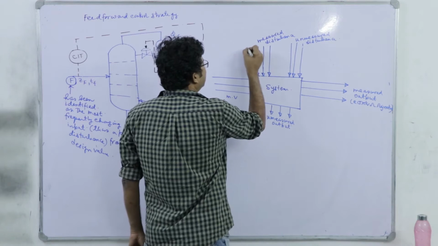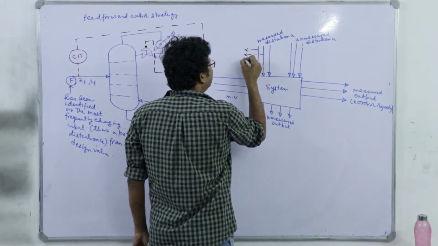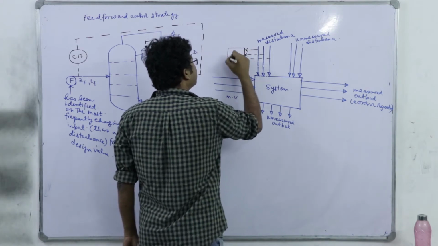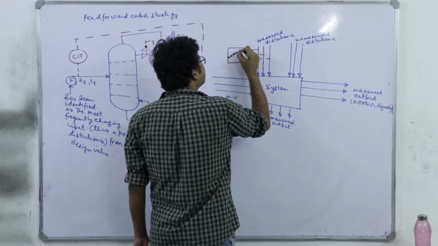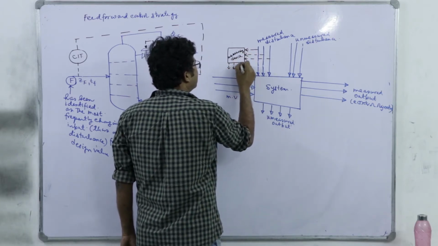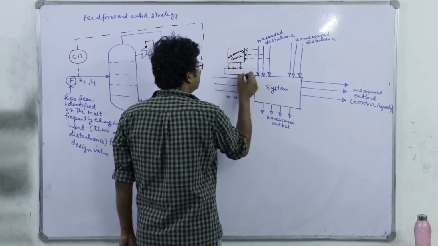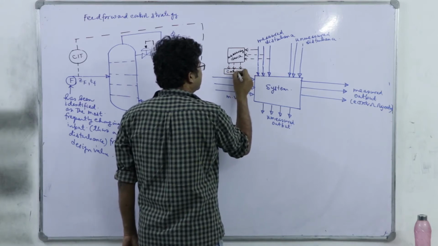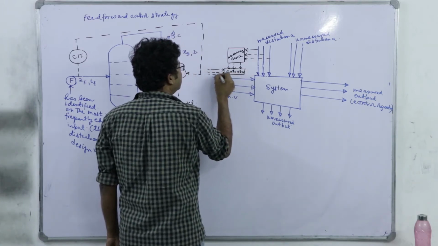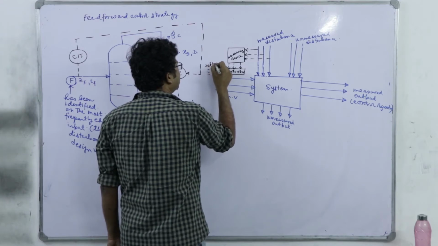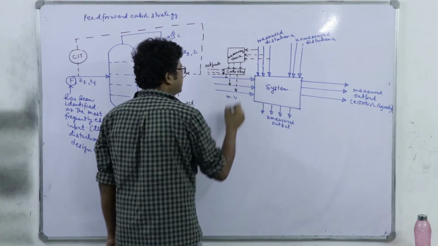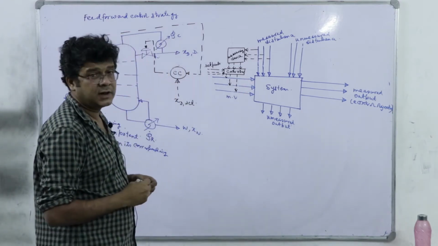So for the measured disturbance, we will have the measuring device, then there will be a controller. The controller will be supplied with the set point values, and from the controller we will implement the controller's decision on the manipulated variable line, right?